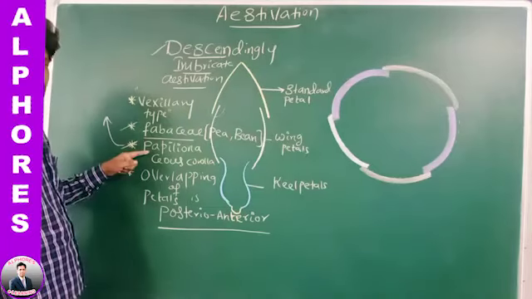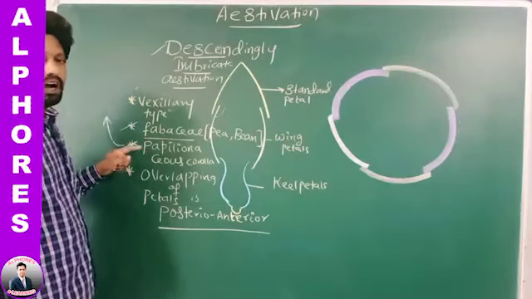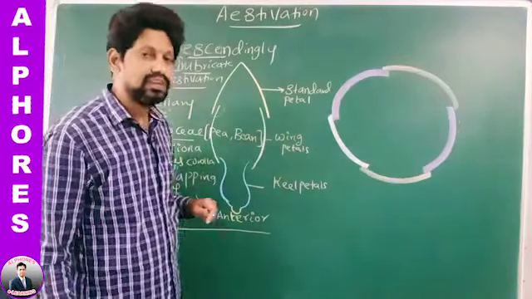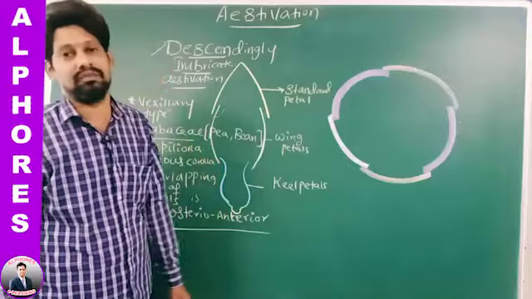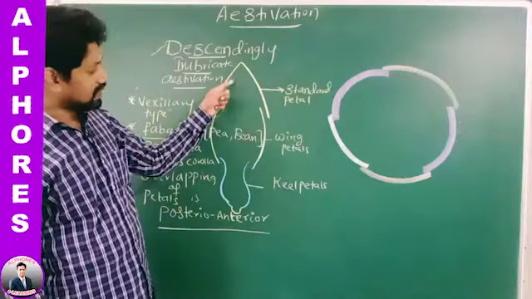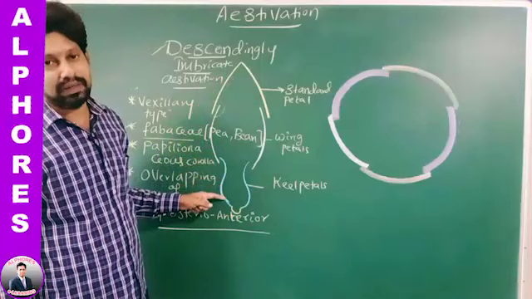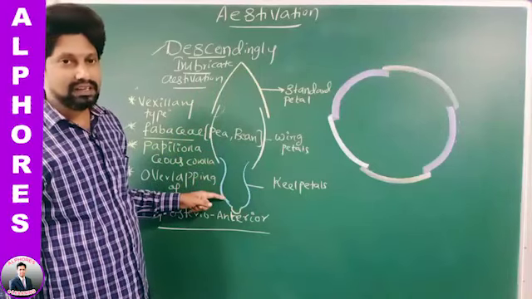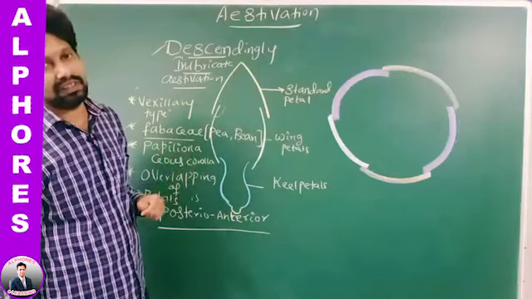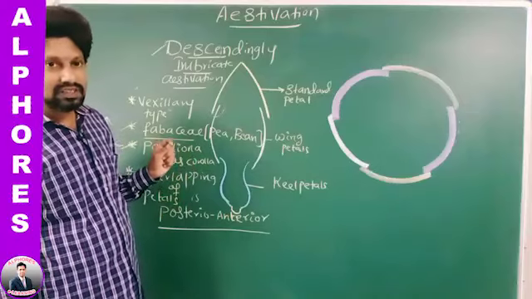Types of petals are 3: standard petal, wing petals and keel petals. Is this statement okay?